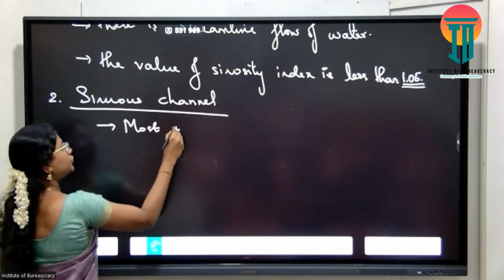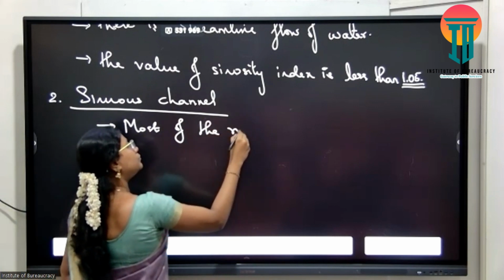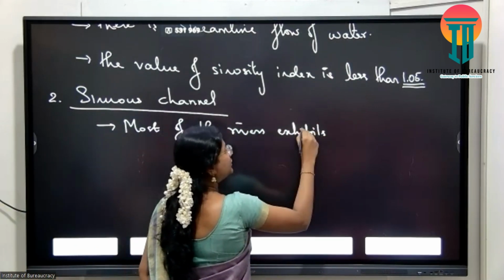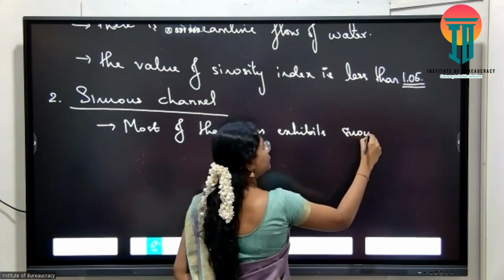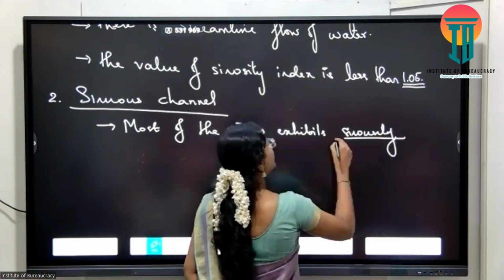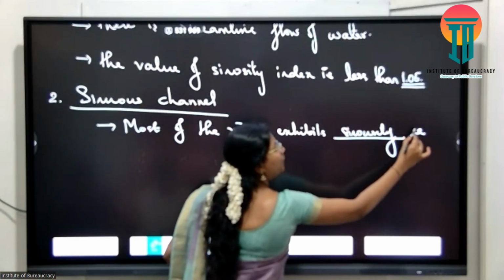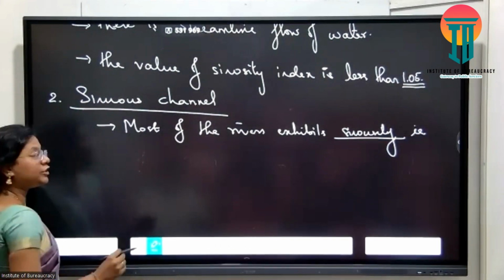Most of the rivers exhibit sinuosity, that is bending or curvature in the river.